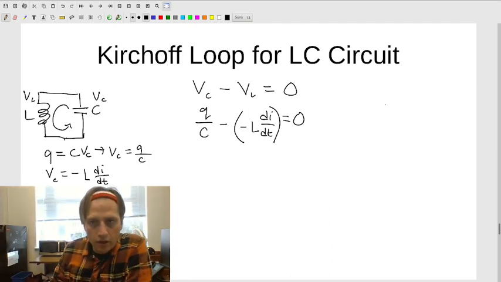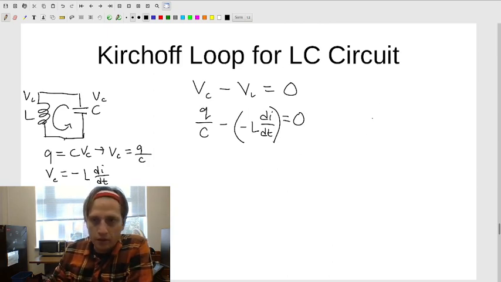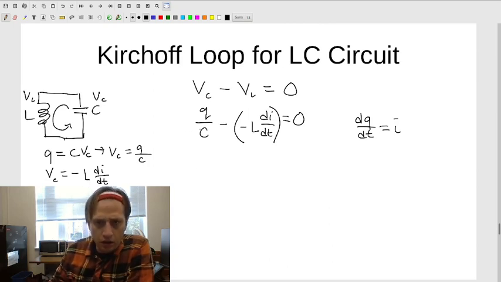Okay, now let's use some physical reasoning. Q and I are not independent of one another. In fact, if I want to connect them, I can use that the change in Q with time is just the current. Now that's useful because then I can put this in terms of current.